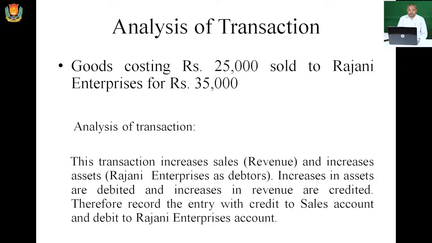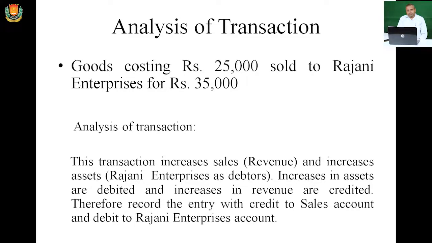Goods is an asset, because if goods had not been sold, they would lie in the stock. So stock is an asset, and the asset is going out, so it will be credited.